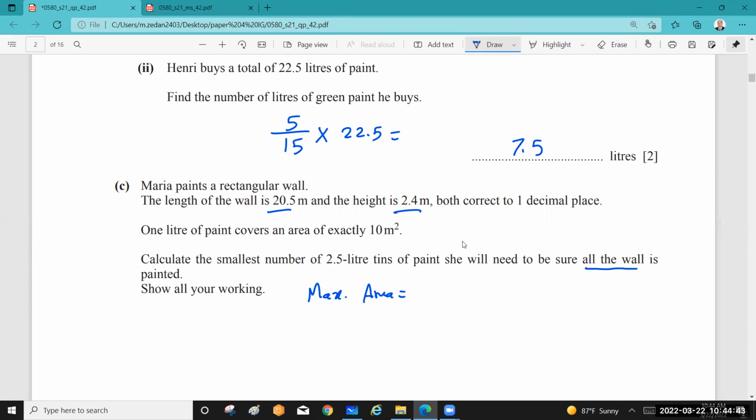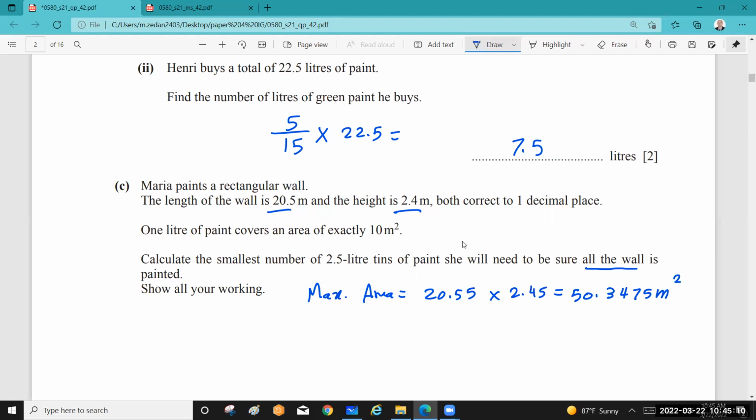So the maximum area of the product is upper bound times upper bound of the dimensions. You have 20.55 times 2.45. This is the maximum area that can be painted, the upper bound of the area, 50.3475 square meters.